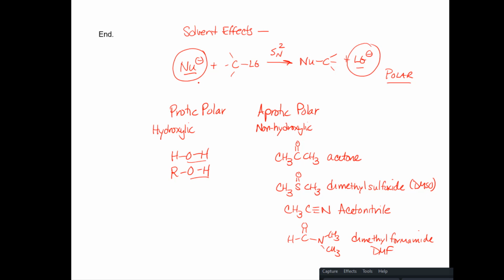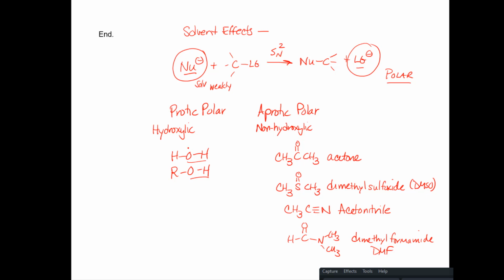I want a solvent that solvates the nucleophile, but only very weakly. Why? Because the nucleophile is going to be surrounded by solvent molecules, and it's going to have to get rid of them as it attacks this carbon and kicks off the leaving group.